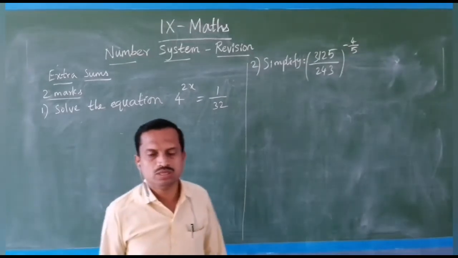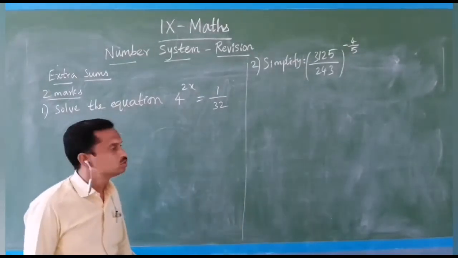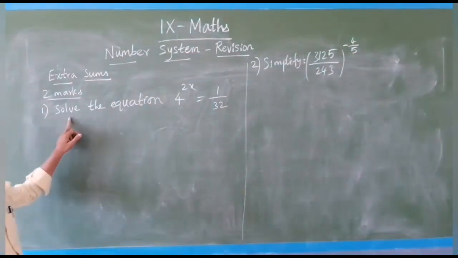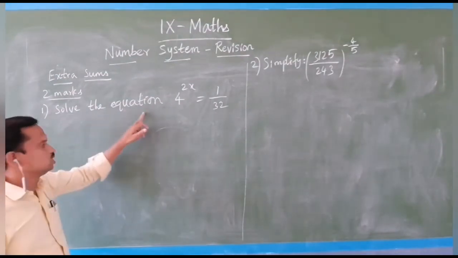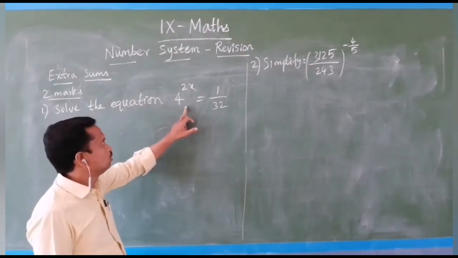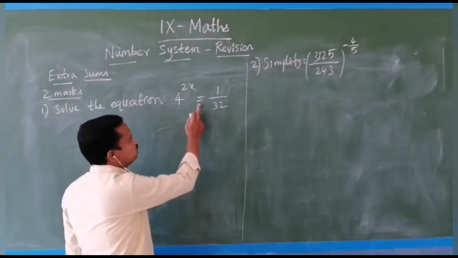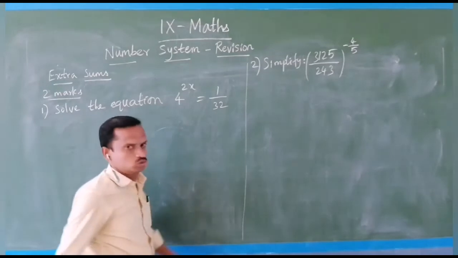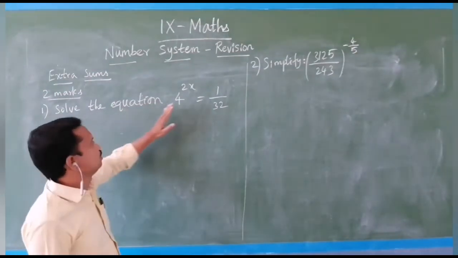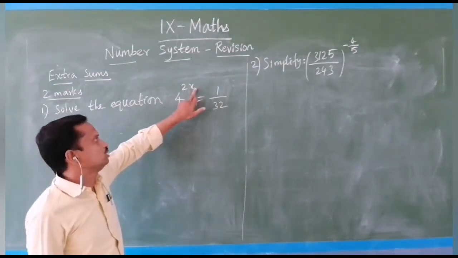And now let us see the 2 marks problems. The first one I have taken: solve the equation 4 to the power 2x is equal to 1 by 32. Solve means what? We have to find the unknown x in this equation.